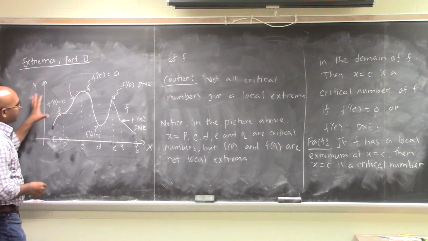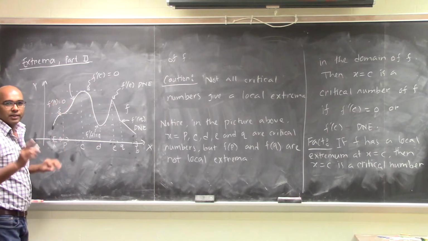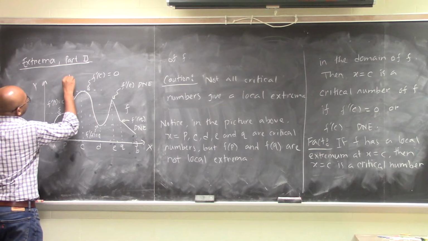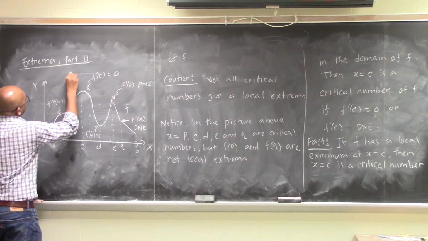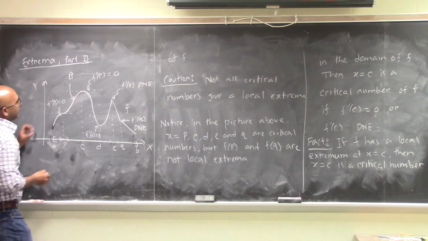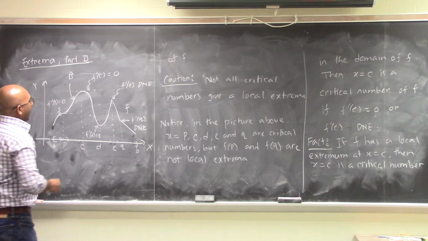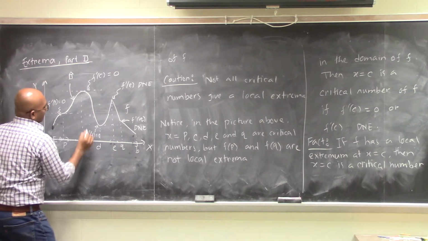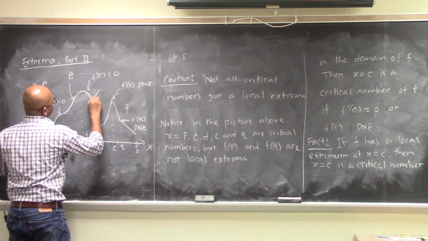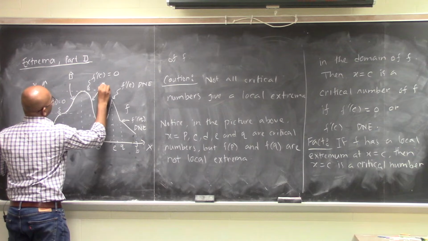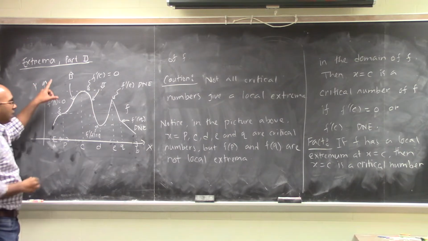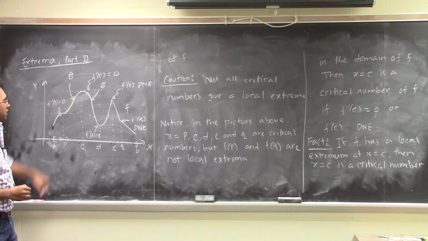So since I have so many things written here, I will use this symbol, this arrow up, okay? So that will mean it's increasing. And notice on the right side of C, it is what? Decreasing, right? So arrow down, okay? Arrow up means increasing, arrow down means decreasing, okay?